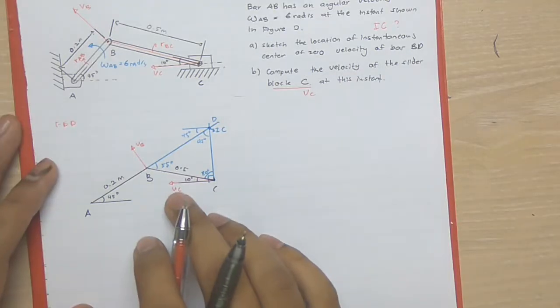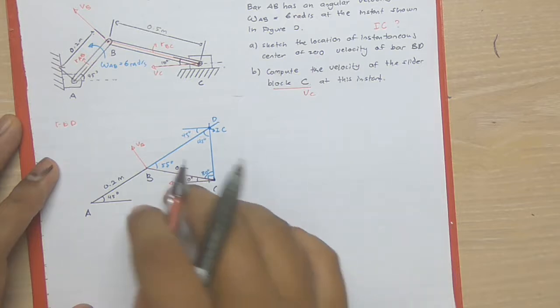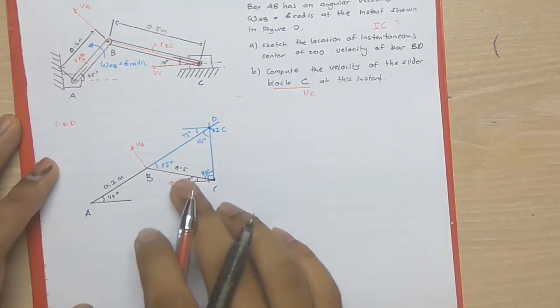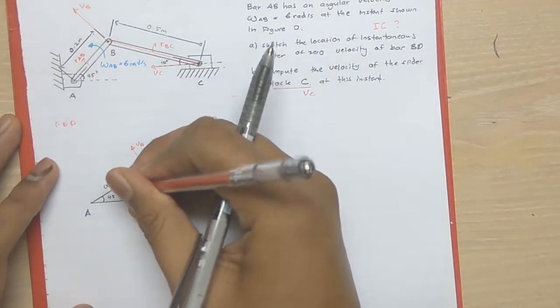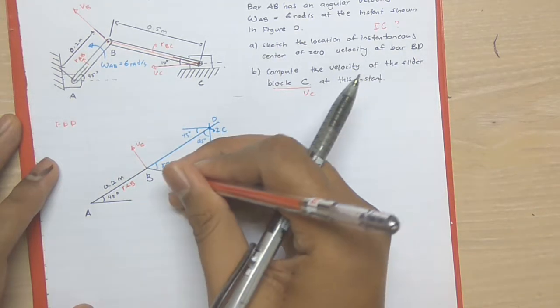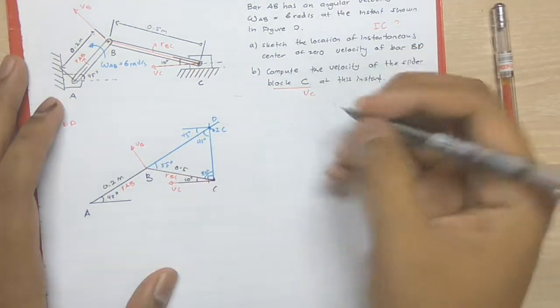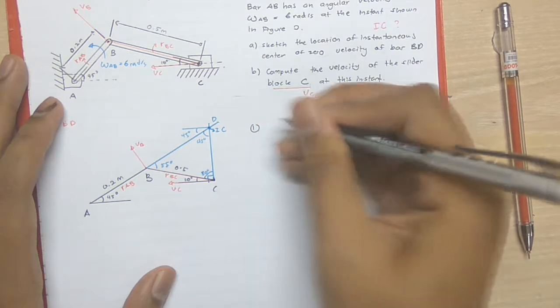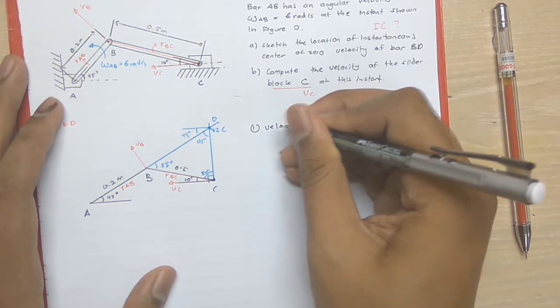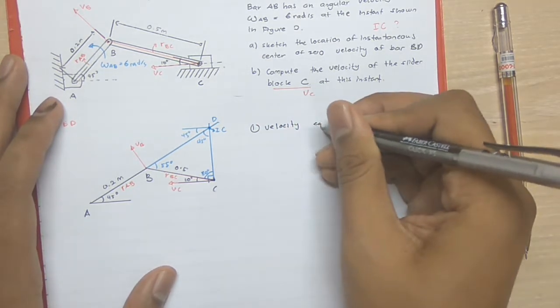So the VC is this one. We don't know what VB is, what RAB and RBC are. We use the velocity equation.